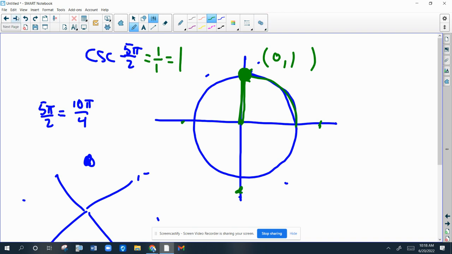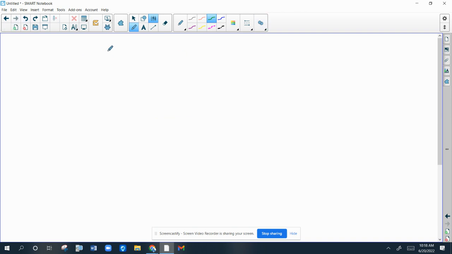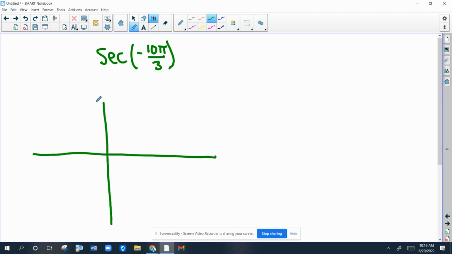We'll do one more. Let's go secant of negative 10 pi over 3. So once you see the over 3, you know we're talking about the pi over 6 circle.